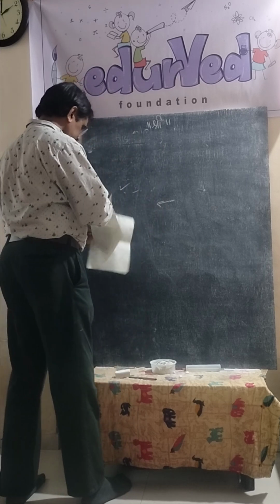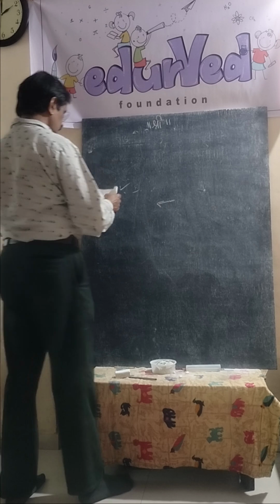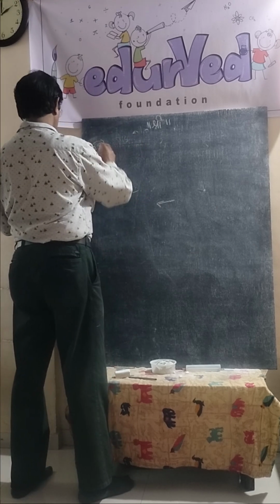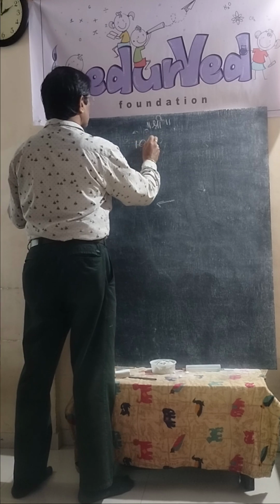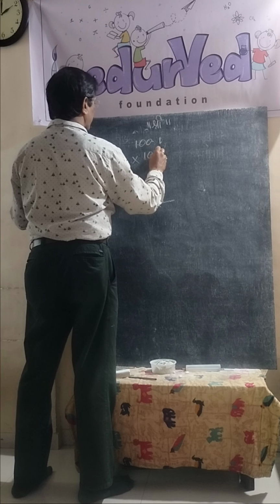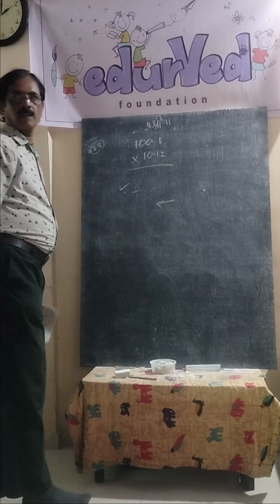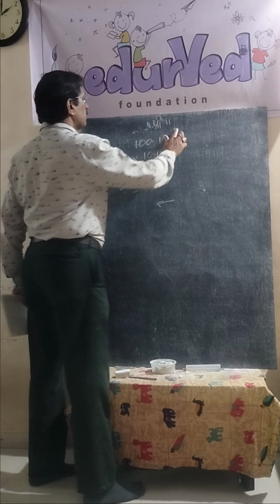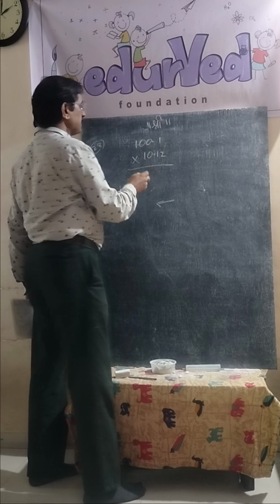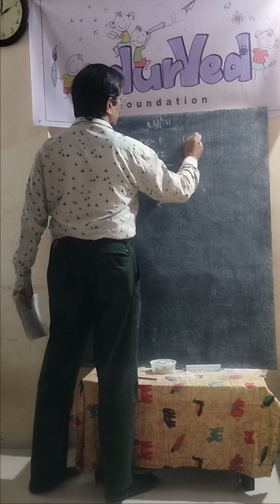Let's see one more. Let's see the 28th sum. 1.001 into 1.012. Now here, for the time being, we forget the decimal signs and see that the base number over here is 1000.